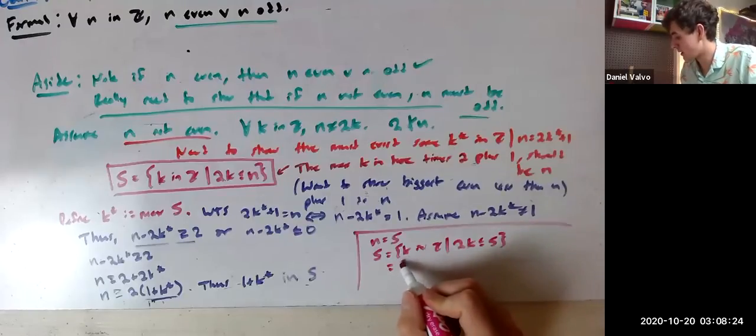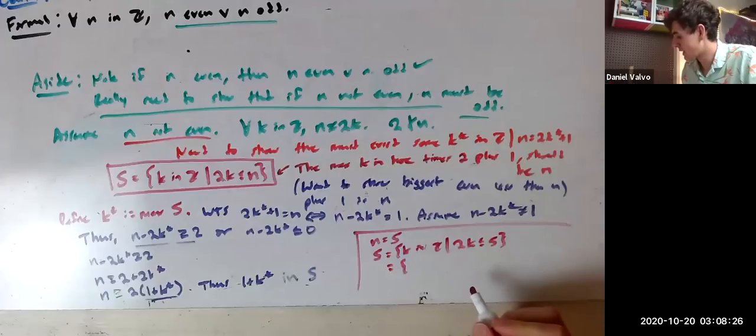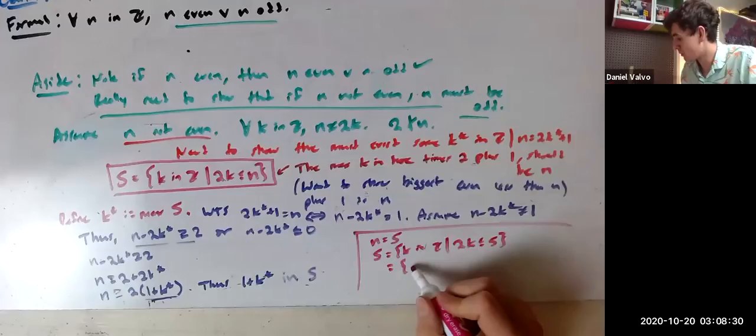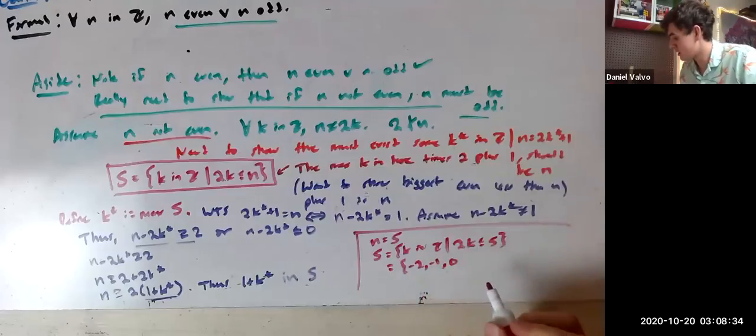And what's that going to be? Well, if k is negative, then it'll be fine. So it'll be like -2, -1, 0.